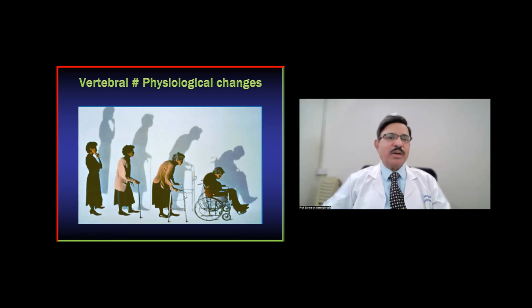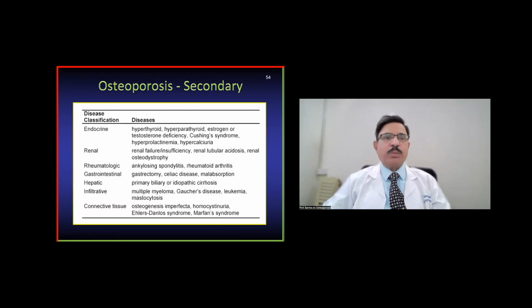these are vertebral fracture and physiological change. Osteoporosis secondary. Now we require to know what are the secondary osteoporosis. As I told you: hyperthyroidism, either iatrogenic or original, primary hyperparathyroidism, estrogen and testosterone deficiency, Cushing's disease, like my glucocorticoid fellow, hyperprolactinemia.